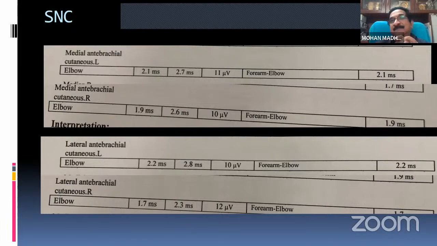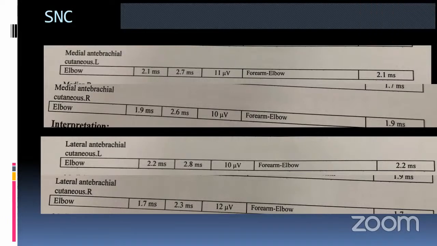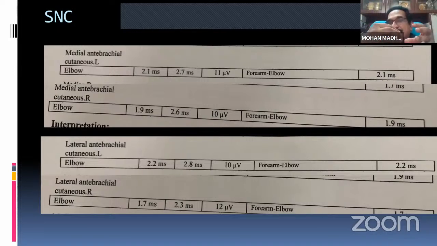The T1 root is affected. If the C8 component of the plexus, the lower trunk, is affected, not the root, after exiting from the ganglion, that C8 portion is affected, and the APB can be spared. And you get the point.